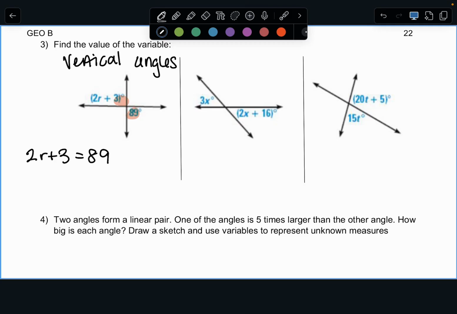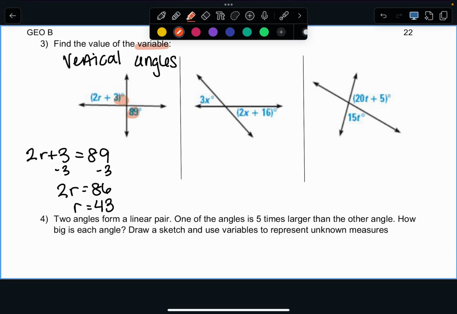Then we solve for our variable. We can subtract 3 from both sides. We get 2r is equal to 86. And then we divide by 2. We get 43. And that's it. It had us find the variable, which we found. So we're good.